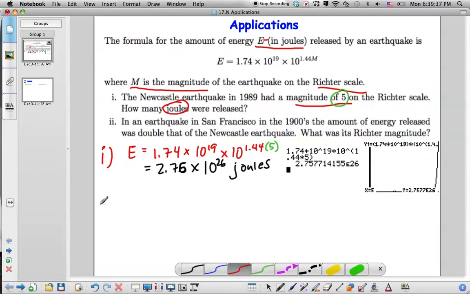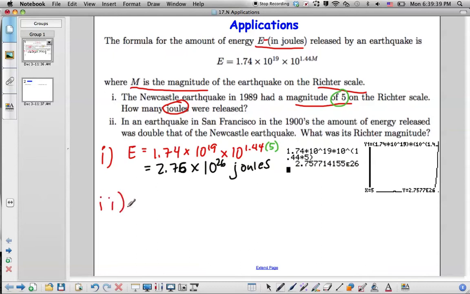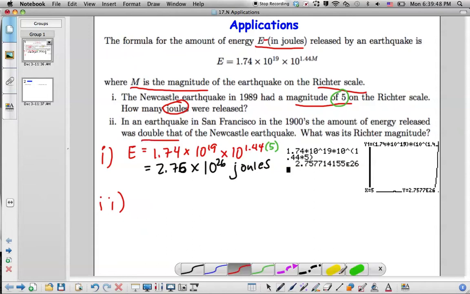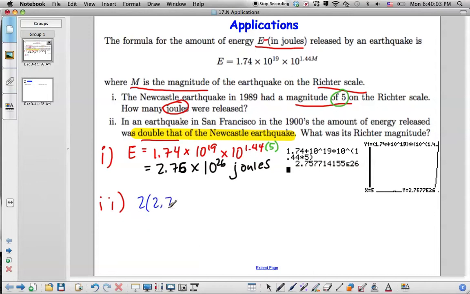Okay, the next thing says an earthquake in San Francisco in the 1990s, the amount of energy released was double that of the Newcastle earthquake. So if it was double the Newcastle earthquake, well, it no longer is 2.76, it's going to be double this whole amount. So we can say that is 2 times 2.76 times 10 to the 26.